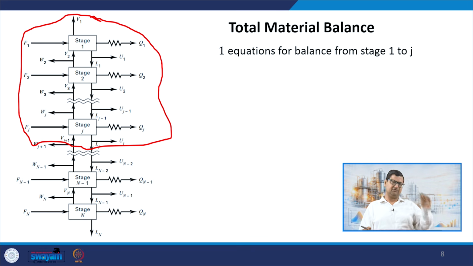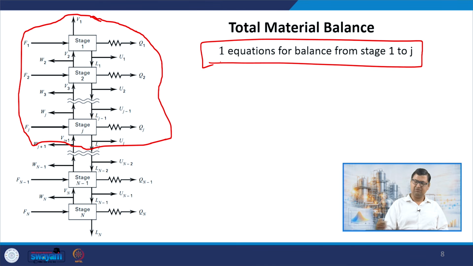So, I want to write that equation from stage 1 to stage j. So, therefore, we are going to have one such equation for every value of j. Every value of j we are getting one equation, that is the balance from stage 1 until that particular stage, right. So, what is it going to be?